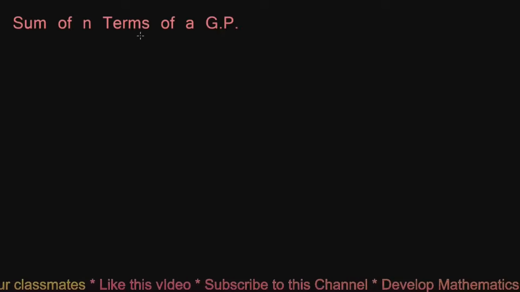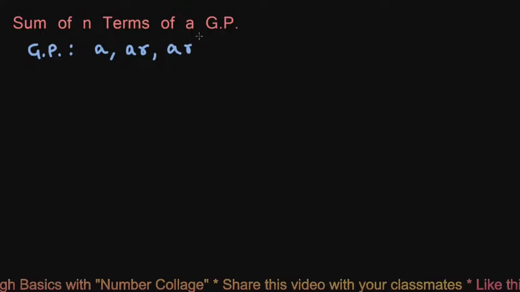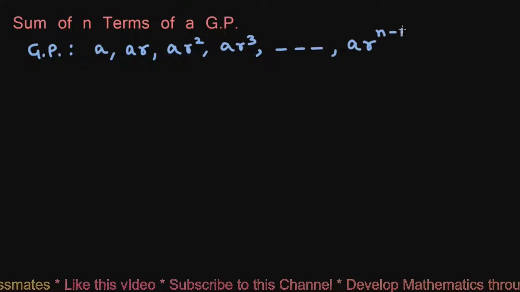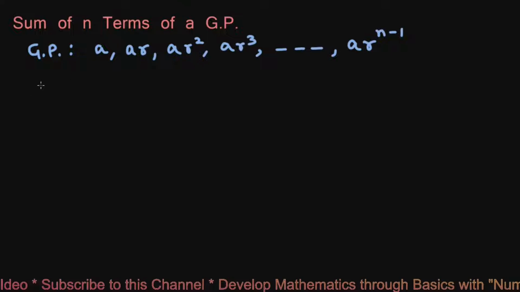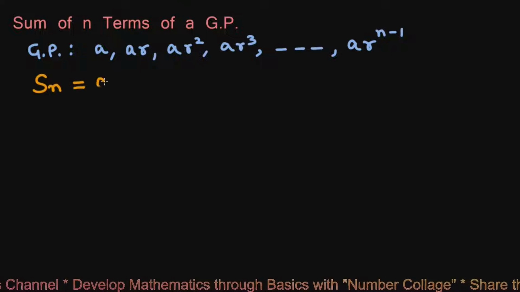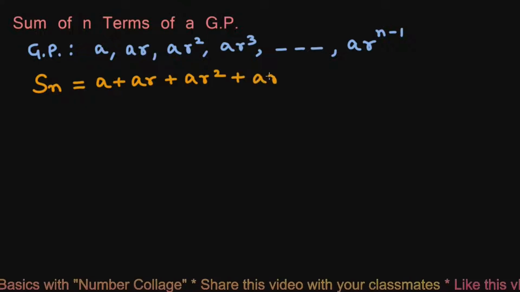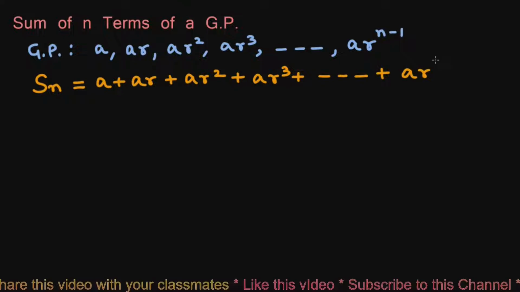We will see how to find sum of n terms of a GP. For a GP a, ar, ar square, ar cube, and so on and so forth, the nth term is ar power n minus 1. Sum of first n terms of this GP, Sn, will be a plus ar plus ar square plus ar cube plus so on and so forth plus ar power n minus 1.